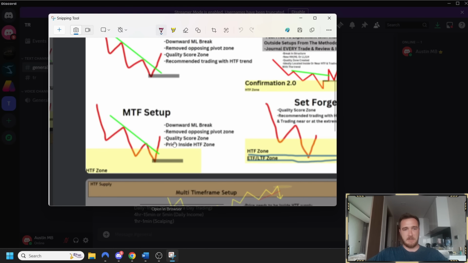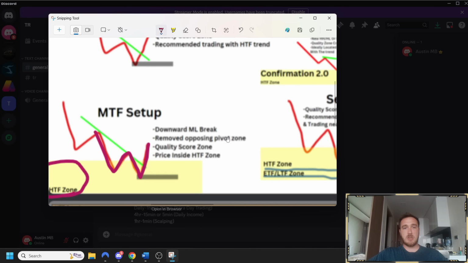The multiple time frame setup is when price is going into a higher time frame zone and you have confirmation on your lower time frame: price making a lower low, lower high, with strong imbalance. Every zone with the multiple time frame is going to break the momentum and remove the opposing pivot point zone, not just an ordinary zone but an actual pivot area, and a strong quality zone is being created.